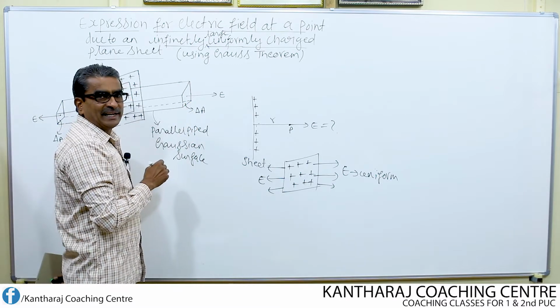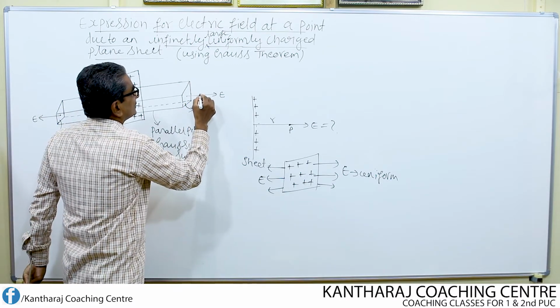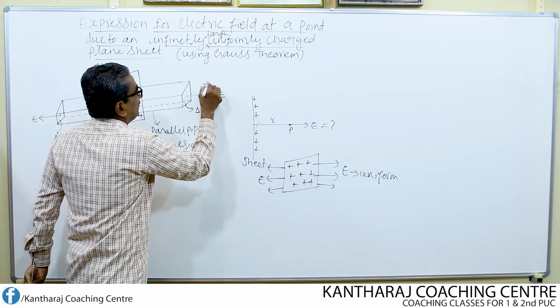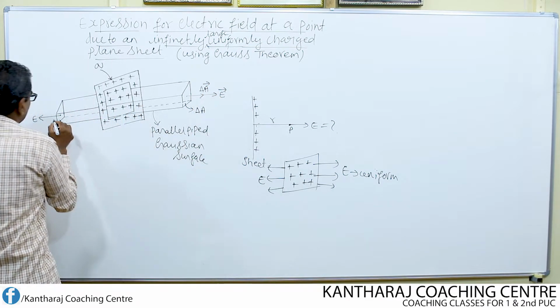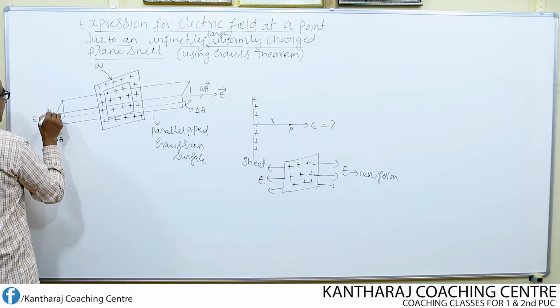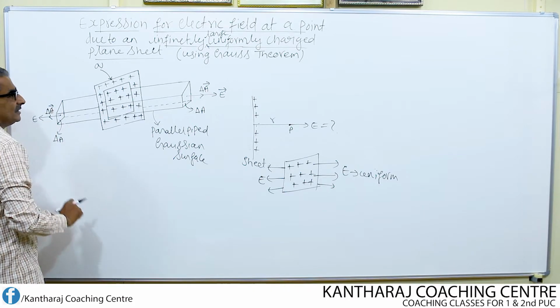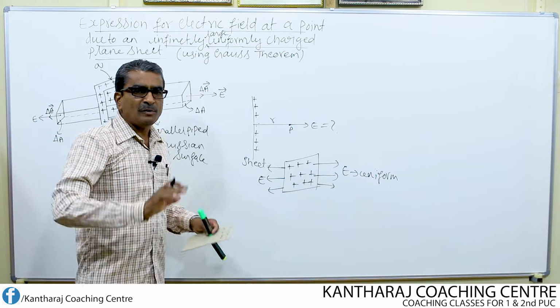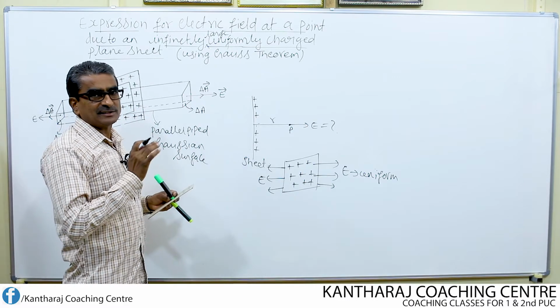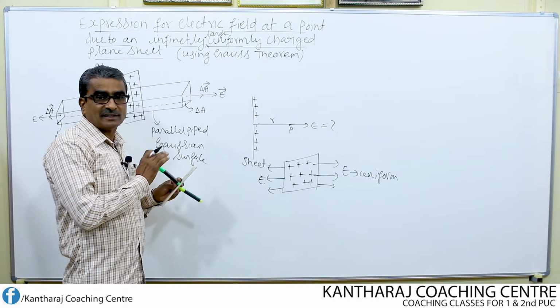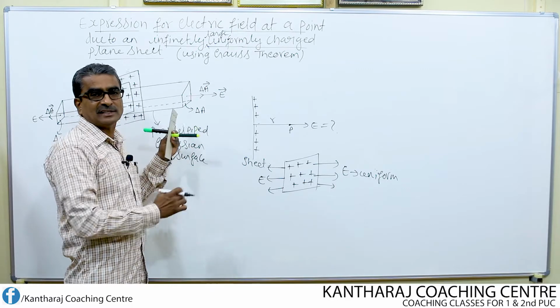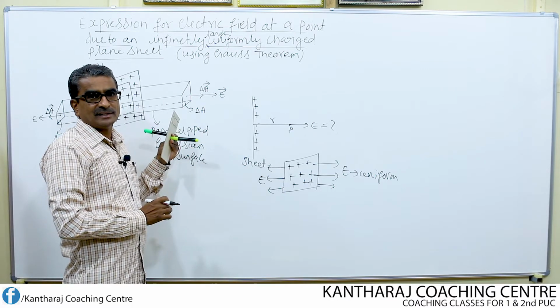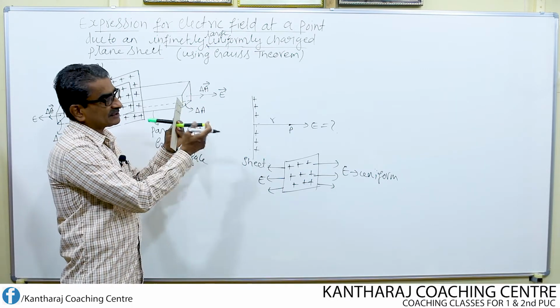Okay, now I represent one area vector. Delta A is the area vector. Again, here also delta A is the area vector. Here, how many similar surfaces are there for this Gaussian surface? These two end faces are identical.